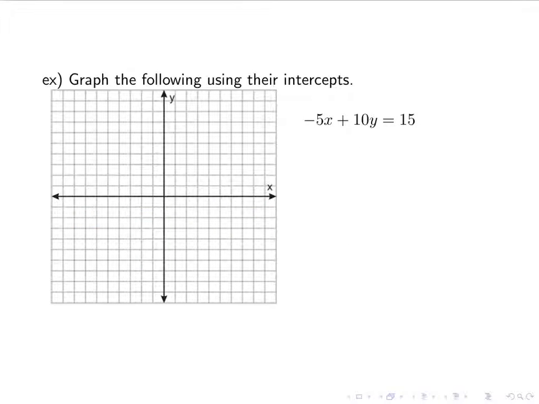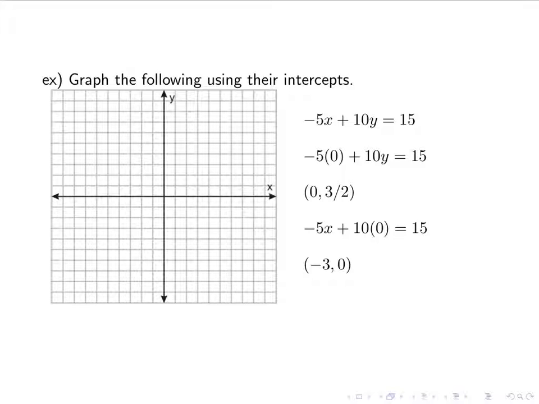And as our last example, we've got negative 5x plus 10y equals 5. So I'm going to plug in 0 for x and solve for y. And I get that y is 3/2. And then I plug in y is 0 and solve for x. And I get negative 3.